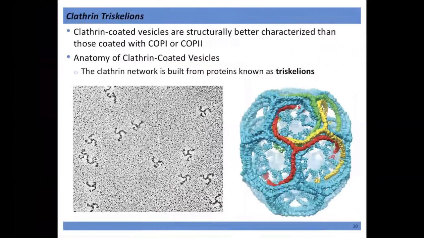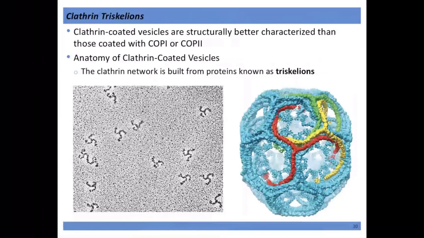What's interesting about them is it's not just a membrane. They're coated with these proteins, which are known as the triskelions, which sounds like something out of a Marvel comic. For some reason, I don't know if there was something called triskelions in there, but they're proteins.